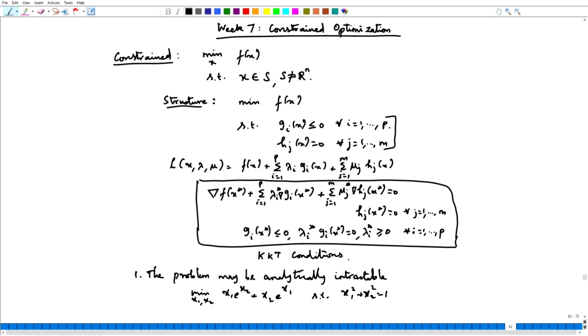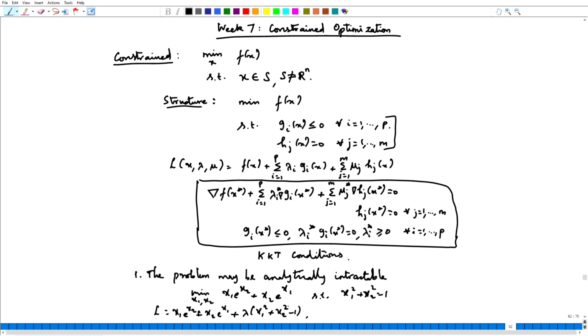If you want to find the minimum, you will write down the KKT conditions. You first write down L, which is x1 e power x2 plus x2 e power x1 plus lambda into x1 squared plus x2 squared minus 1.